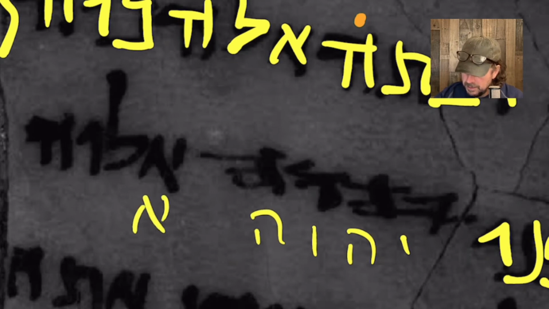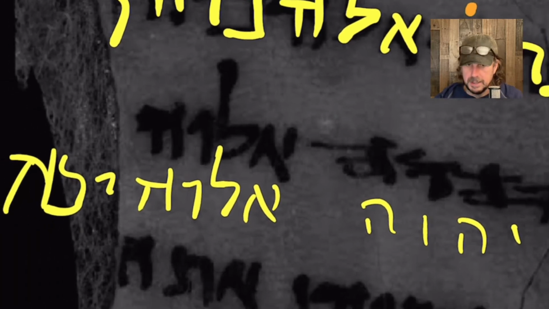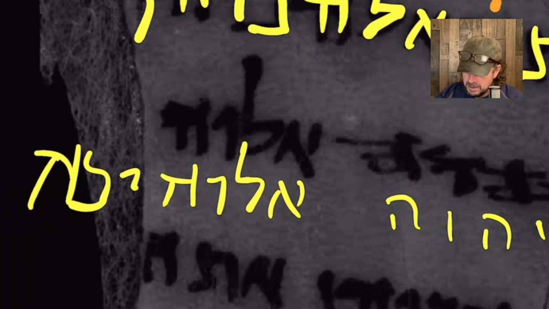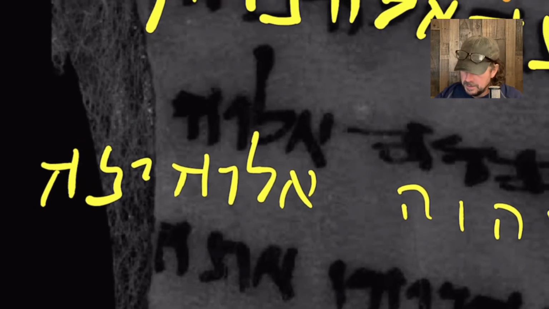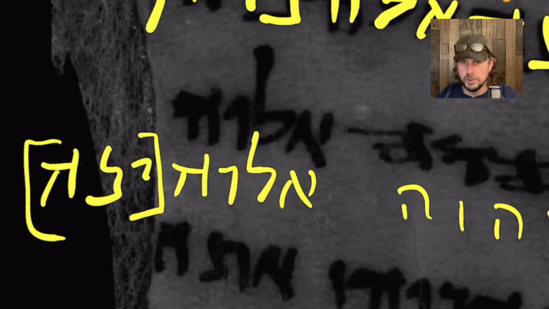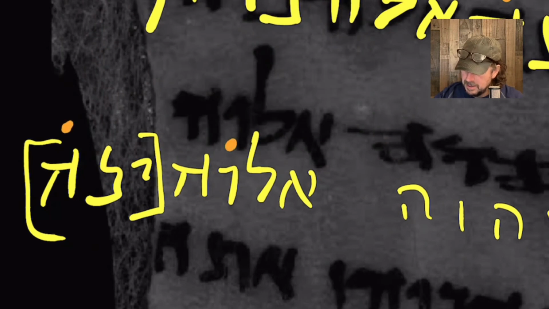Here's our Aleph, Lamed, Vav, Hey, and then of course this is broken off, but there's probably Yod, Kaf, and then a Hey again, Elohecha. Let me do that last bit again. Elohecha is probably what's here, broken off, because that's the text, the Lord your God. And if so, then again, this Hey at the end would be added, but indeed this Vav is added.